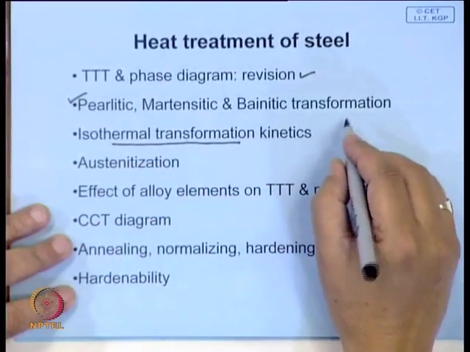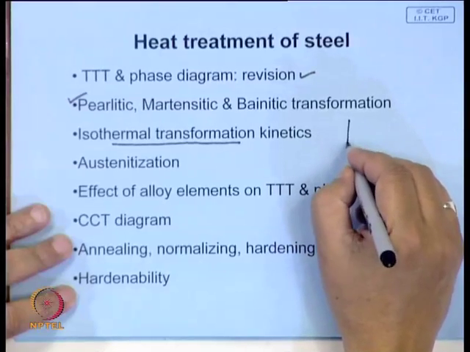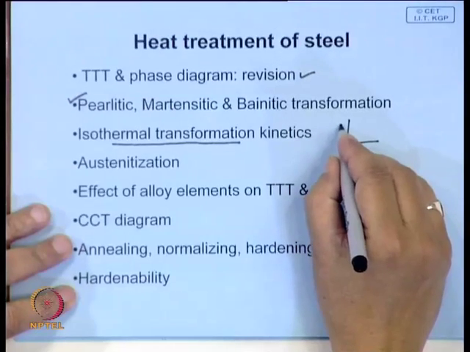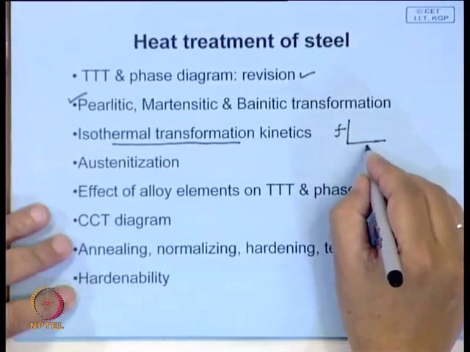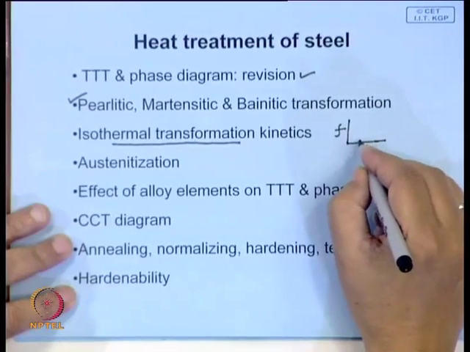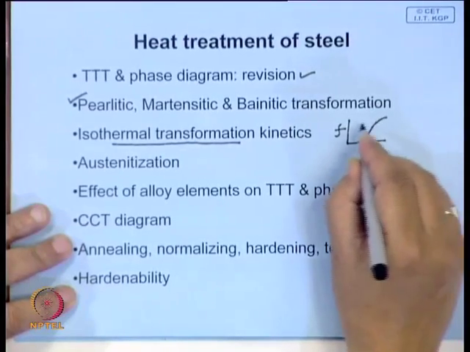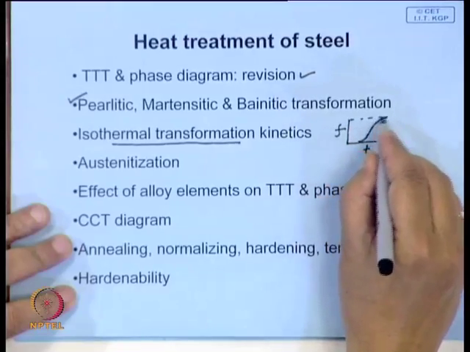That means, we only looked at the kind of plot that you get, that is fraction transformed as a function of time. And what we found is that there is an incubation period, and you get this type of S shaped curve.